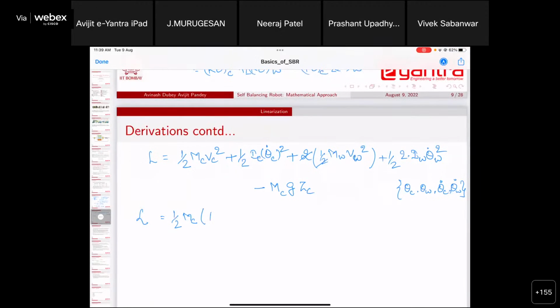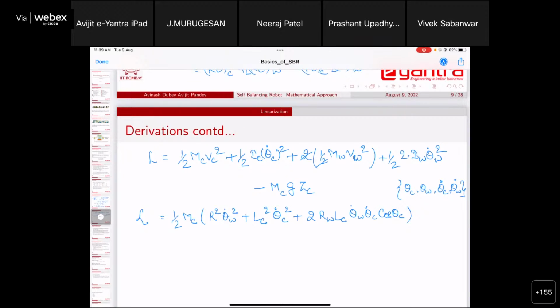So this becomes r square theta w dot square plus lc square theta c dot square plus 2 rw lc theta w dot theta c dot cos theta c.